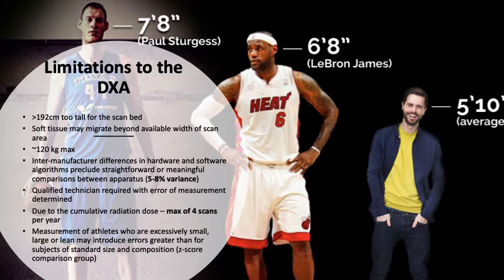This is because the system is using regression equations. It's collecting these variables: soft tissue, fat mass, fat-free mass, and bone mass, and putting that information into regression equations. So it's doubly indirect in providing you with the information needed. If you're outside the demographic for which those regression equations were made, the results will not be as accurate.